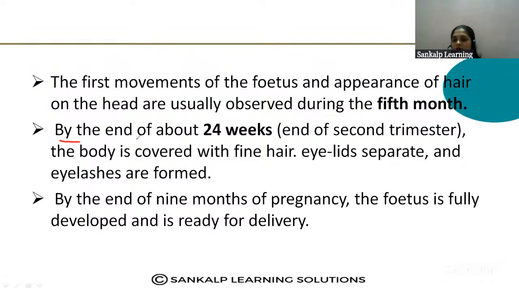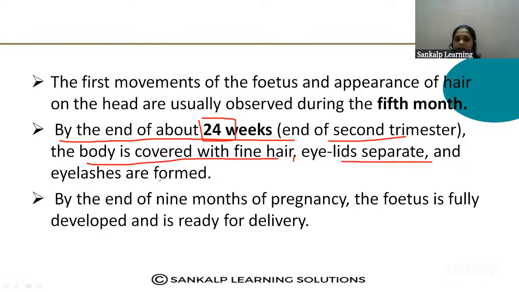By the end of 24 weeks, 24 weeks means how many months? That is the second trimester. The body is covered with fine hair, eyelids separate, eyelashes are formed. They ask this too.